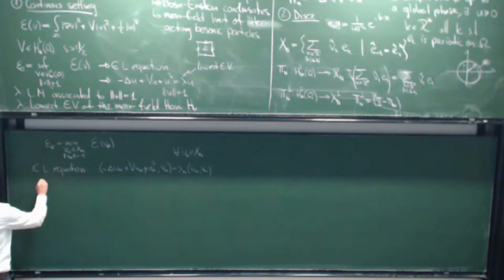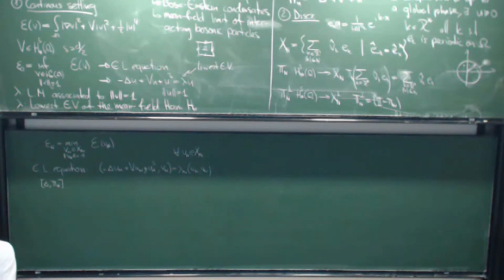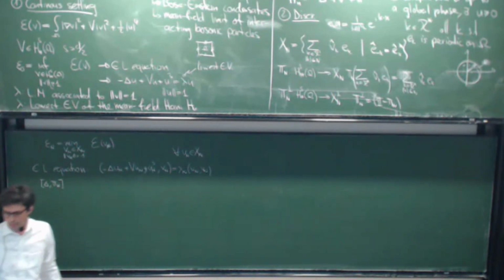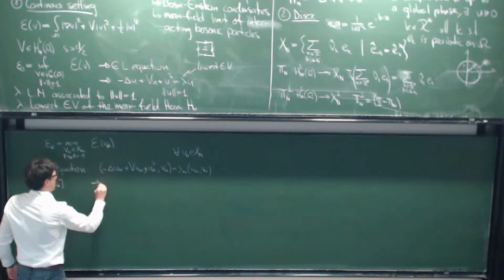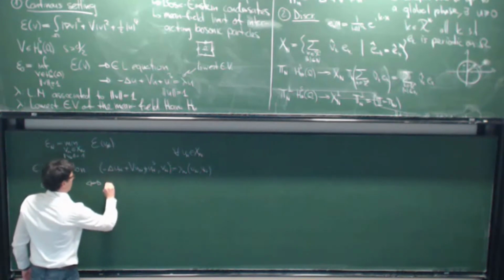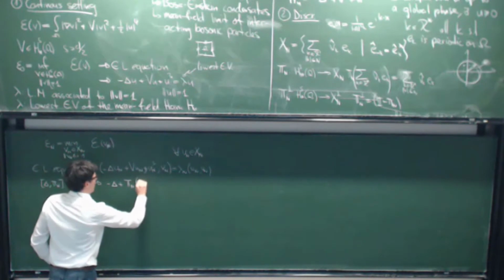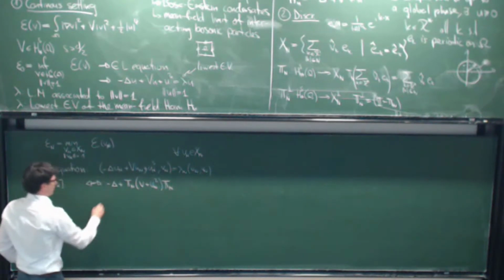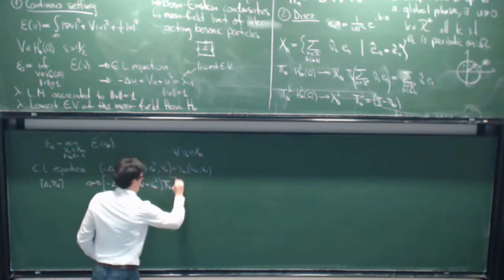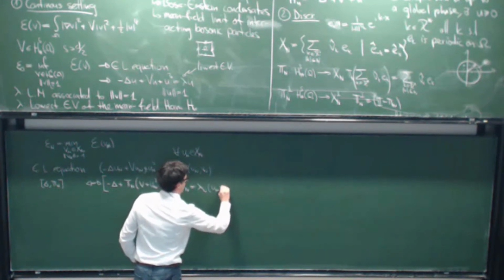Now you have that the Laplace operator and the orthogonal projector do commute. If you discretize the Laplace in Fourier series, you get a diagonal matrix. So they do commute, which means I can equivalently write minus Laplace plus Pn of V plus Un square, where I can insert the projector as well if I want, applied to Un is equal to lambda n Un.